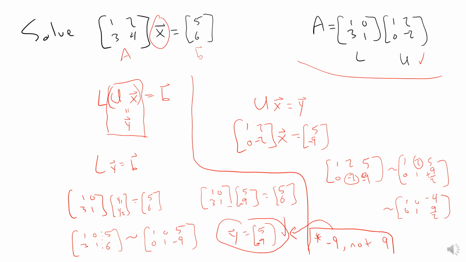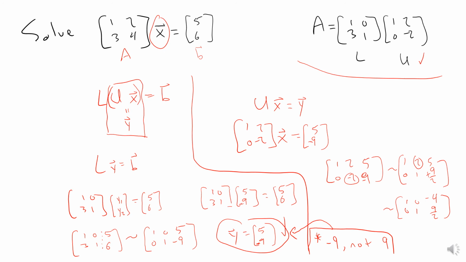Okay, so again, there's lots of ways we could have solved this. We could have done back substitution. We could have used an inverse matrix. Again, don't worry too much about the method here for solving. The main thing to see is that if I'm solving an equation that involves an upper triangular or a lower triangular matrix, then it's fairly easy to solve.